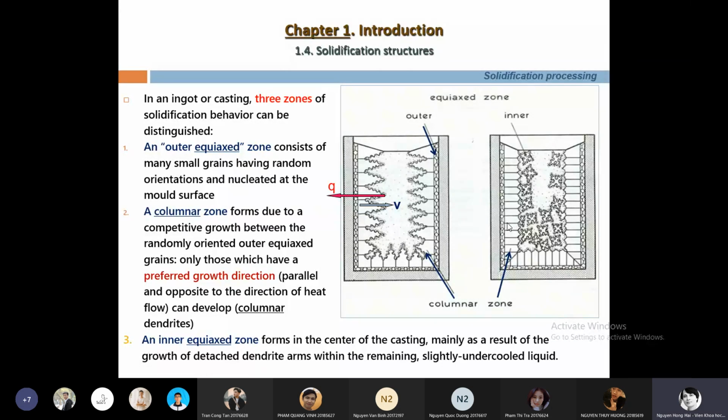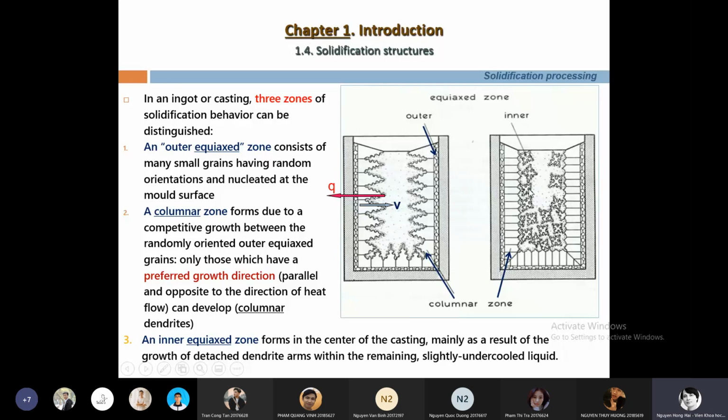Maybe some fragments of the growing dendrites are broken, detached from the dendrite and go to the center, and serve as nuclei for the development of equiaxed grains, but much coarser than in the outer zone.